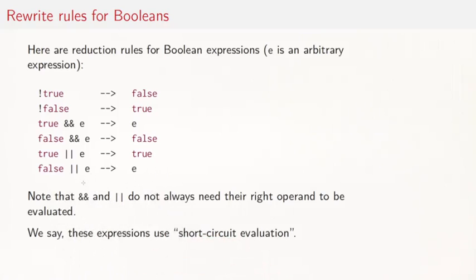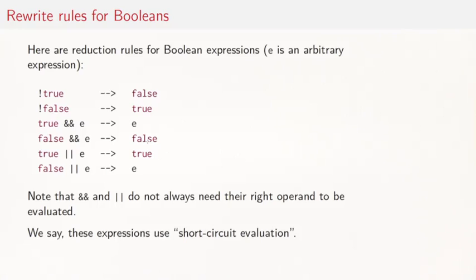What's interesting about that is that and, or don't always need their right operand, that's the e here, to be evaluated. Whenever you write e in a sense, you can just pass the arbitrary expression. And here, for instance, with the false and e reducing to false, you would have that always without even looking inside the expression e.